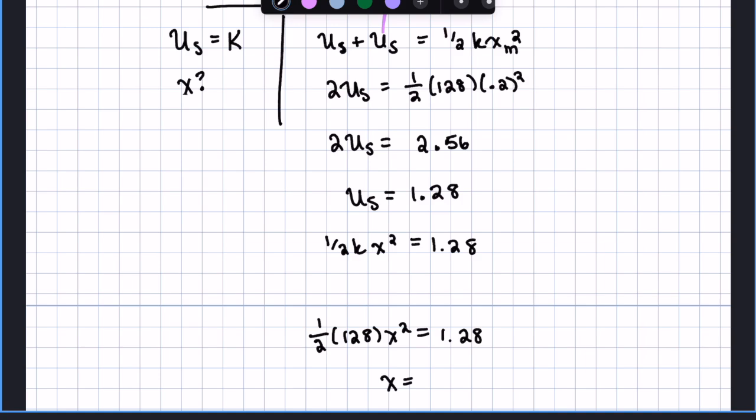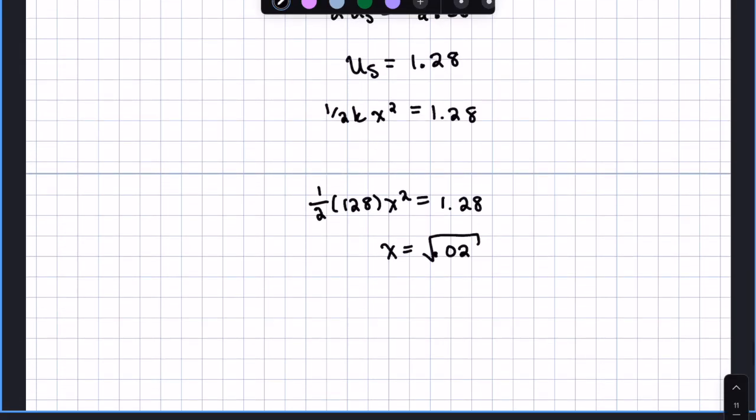X is going to be equal to, and again we're looking for 2 values. When we take the square root of a number, technically we have two values coming out of that solution, the positive root and the negative root. If I take the square root of that 0.02, x could be equal to either positive or negative 0.14 meters.